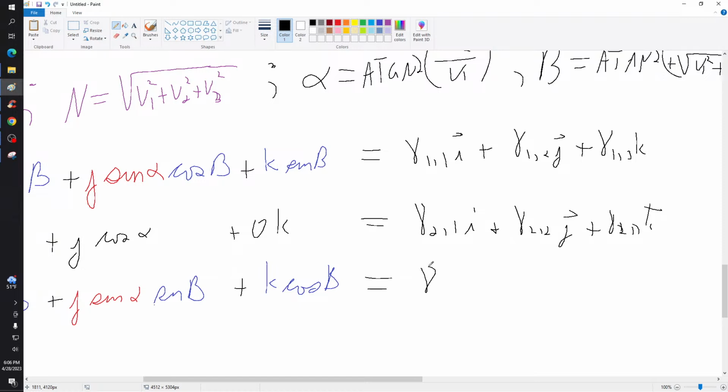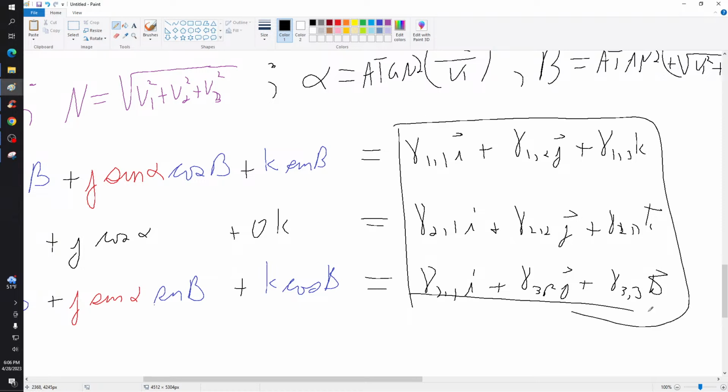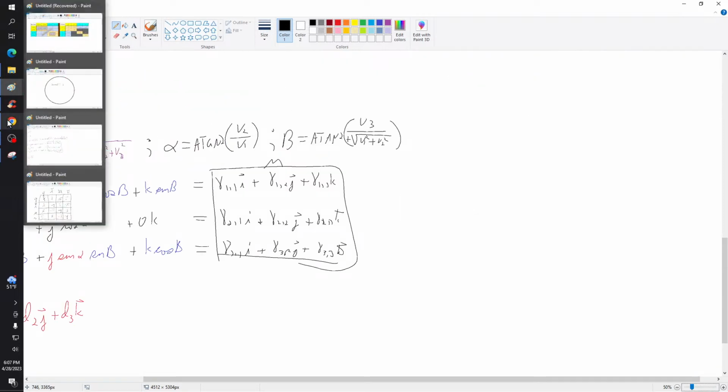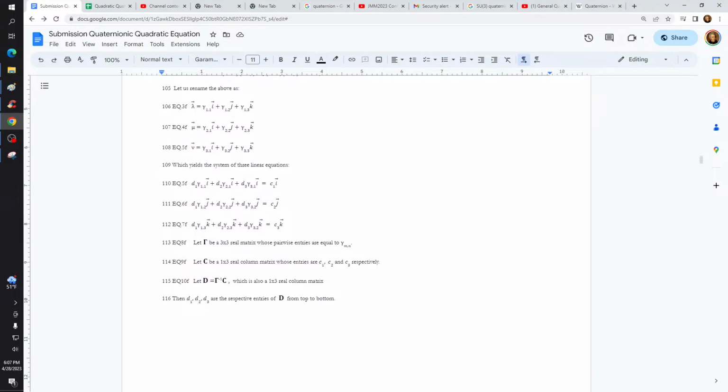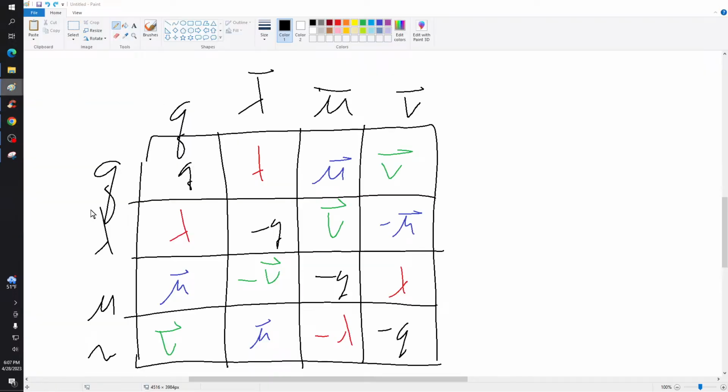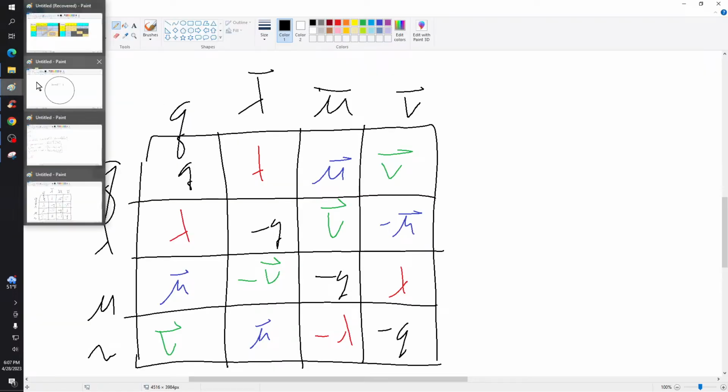And nu will be equal to gamma 3,1 i plus gamma 3,2 j plus gamma 3,3 k. And this will be a matrix. We're going to call this matrix M. And what we're going to do is then write D as a column vector next to it.